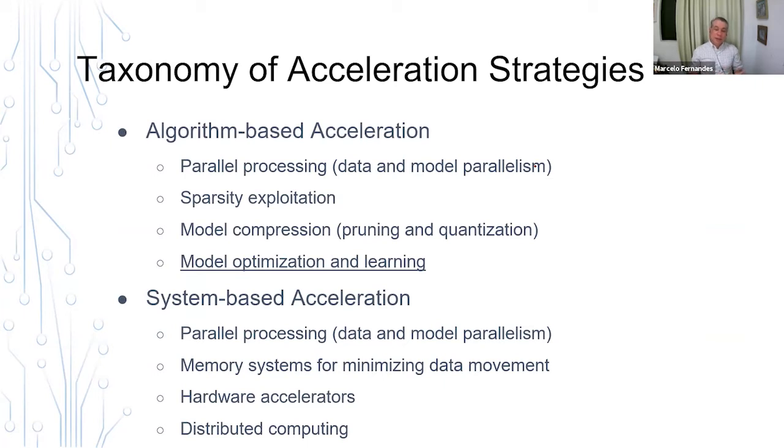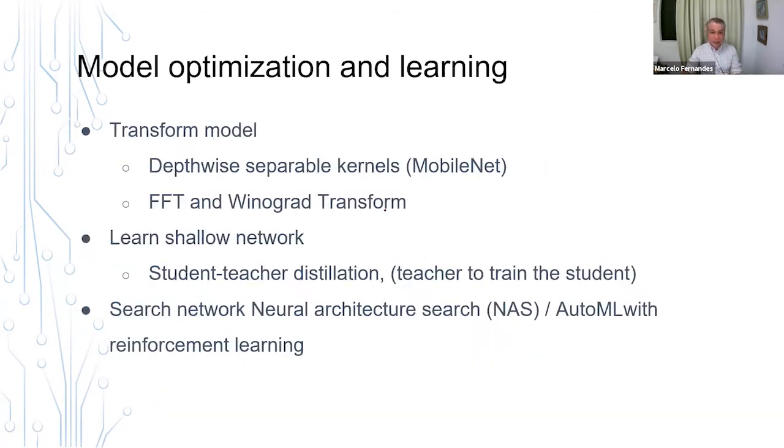This strategy is also an algorithm strategy, because it's algorithm-based acceleration. But in this case, we can transform the model. For example, we can use FFT on the signal and make the convolution in the frequency domain.